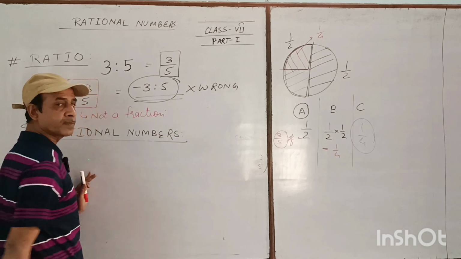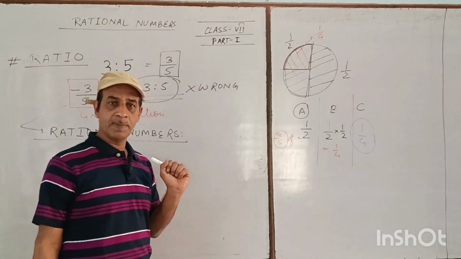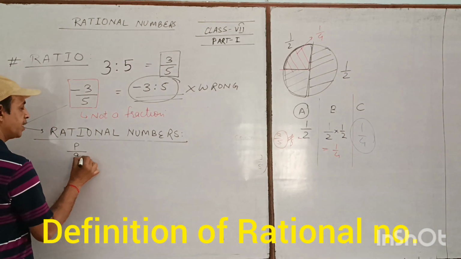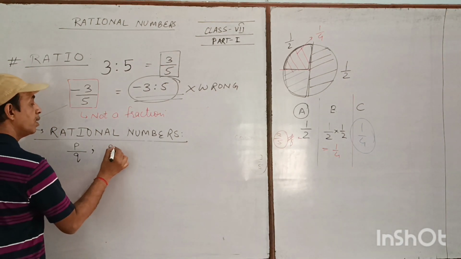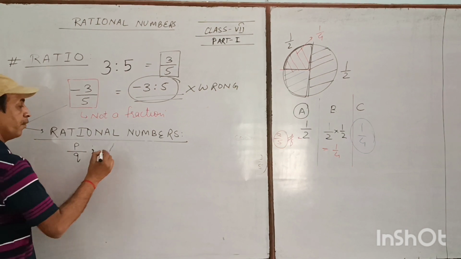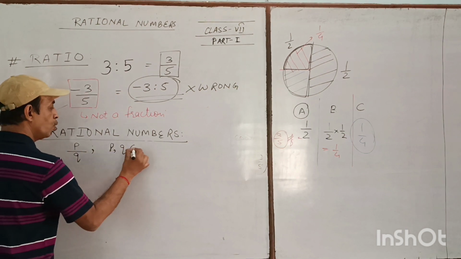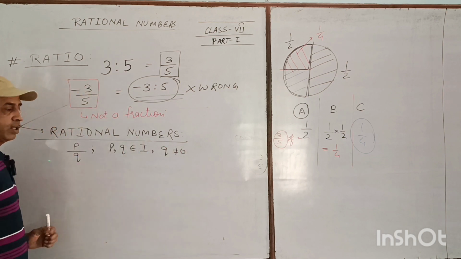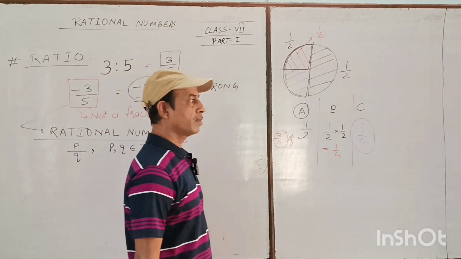Rational numbers are the numbers which can be written in the form of P upon Q, where P and Q belong to integers and Q cannot be equal to 0. Mind it.